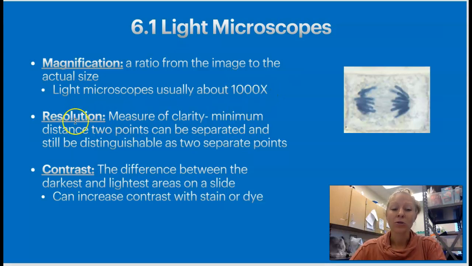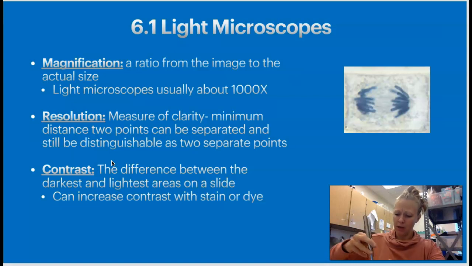Resolution is another word that we're going to use when we talk about microscopes. And that's basically just the clarity of the image. How close do 2 points have to be in order to realize that they are distinguishable as 2 different points? I like to think of this little game when you have 2 sort of sharpish objects.